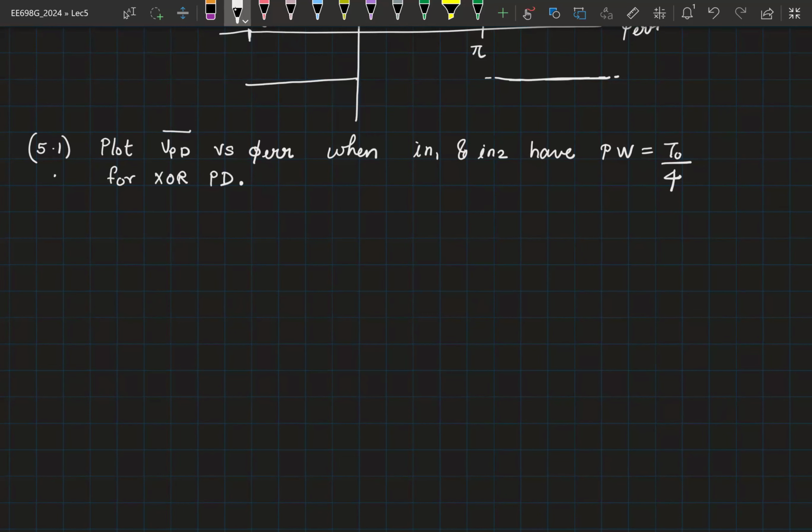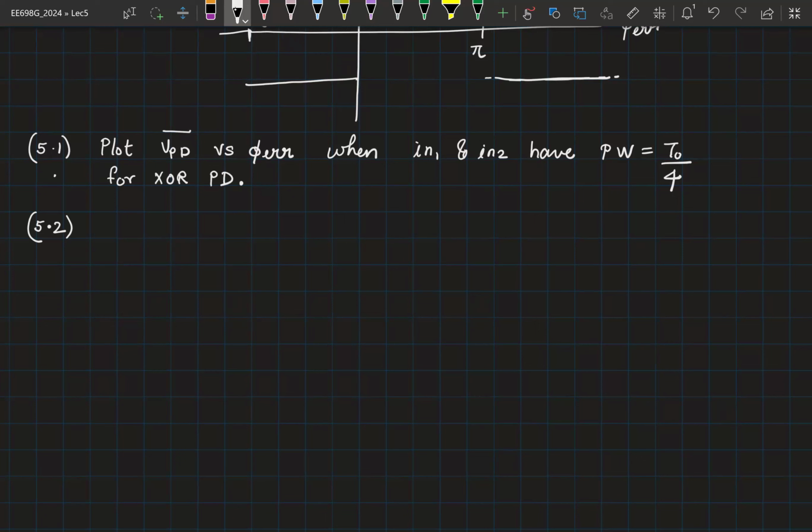Right now, we have considered a 50% duty cycle, which meant that the pulse width was T0 by 2. So now both the signals have a smaller pulse width. Repeat the same procedure. Plot the timing waveforms, calculate the average VPD, and then imagine how the timing behavior is going to change if you move to either of the sides. So that will tell you where the limits of the equation you derived are.